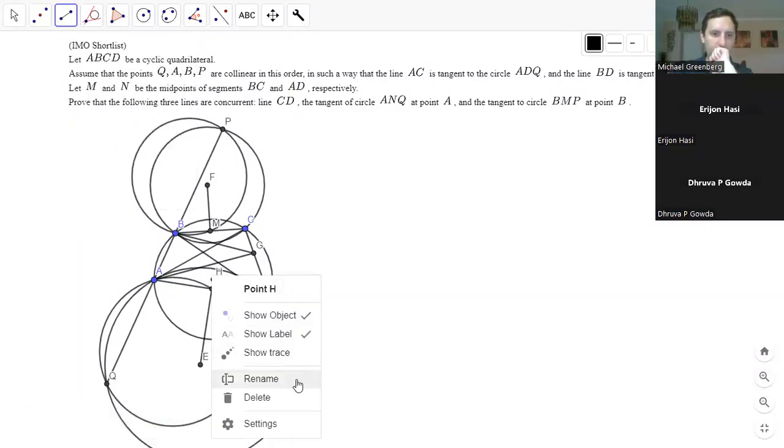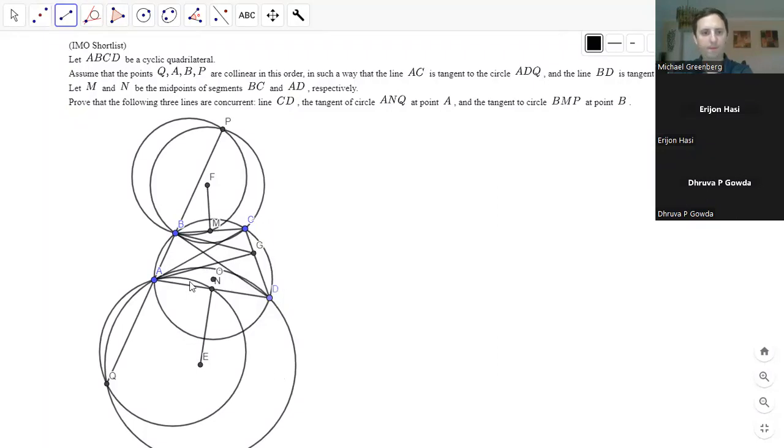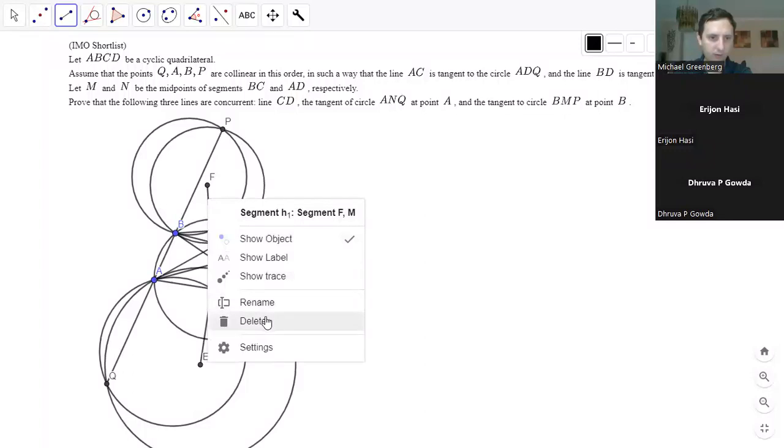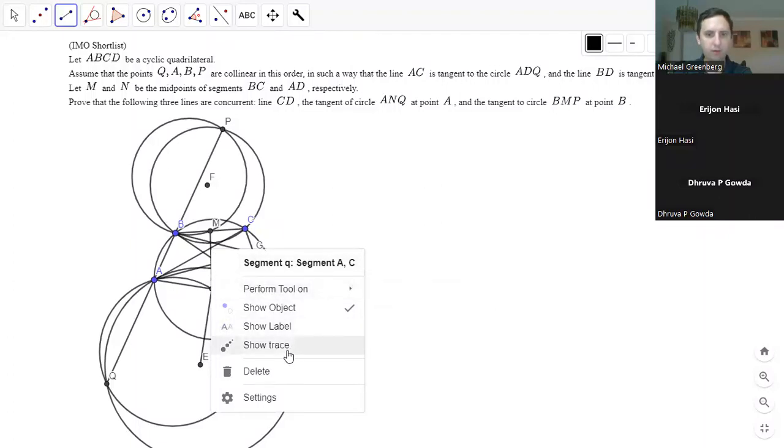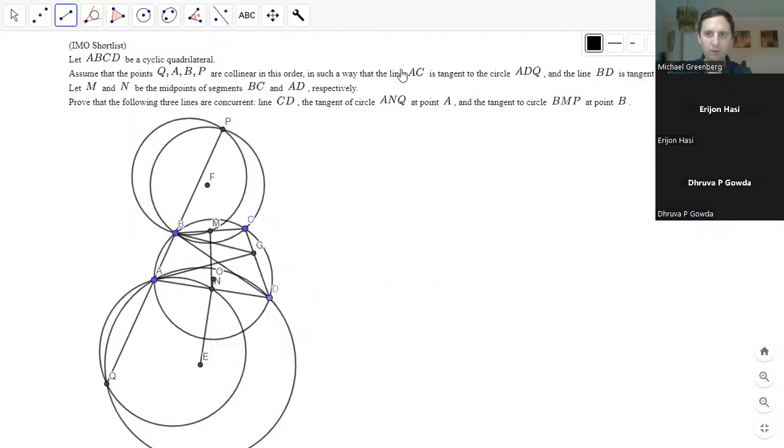I'll rename it O. I don't think I drew this one right. Oh, I drew MN. I don't want to draw MN. I drew MN instead of MO. That's what happened.